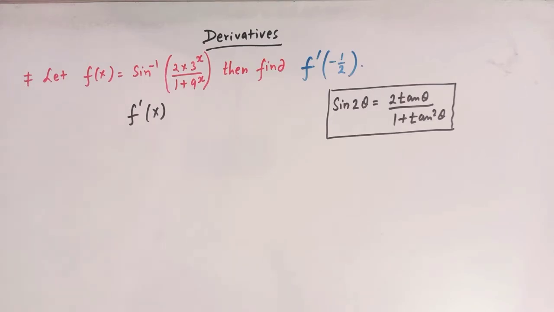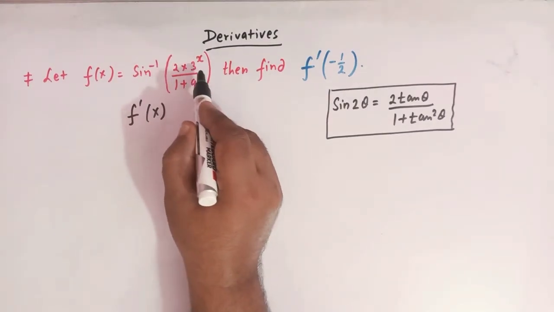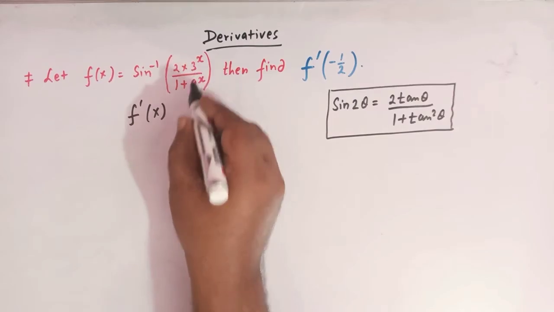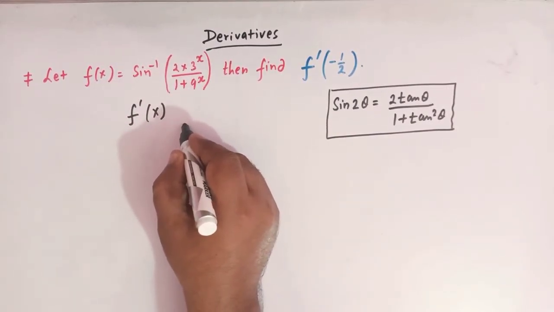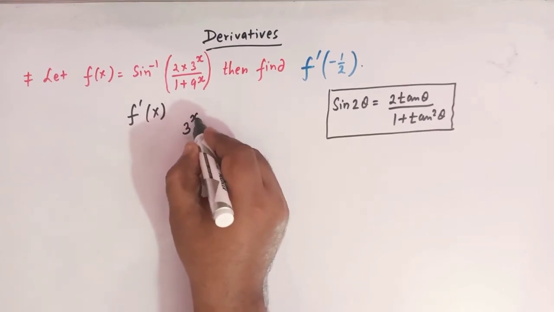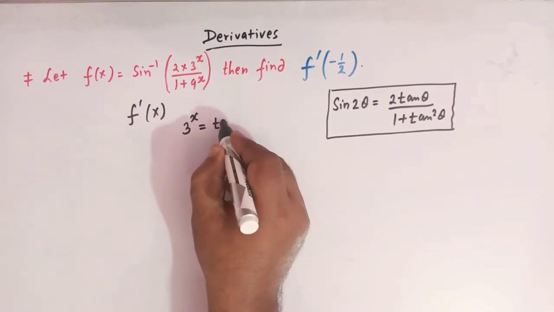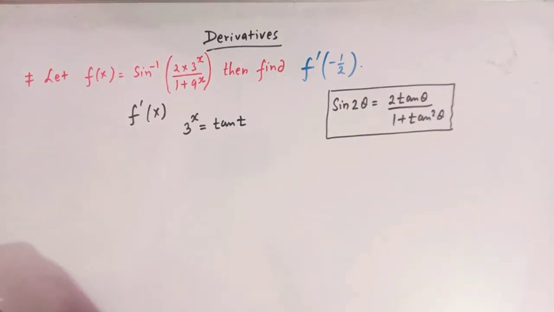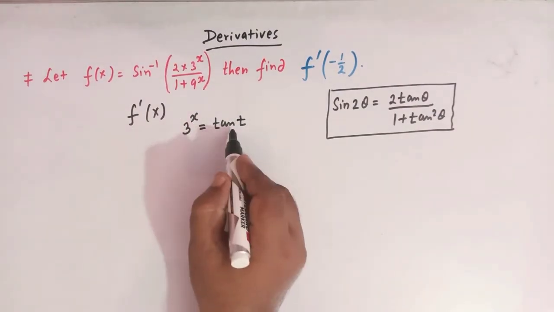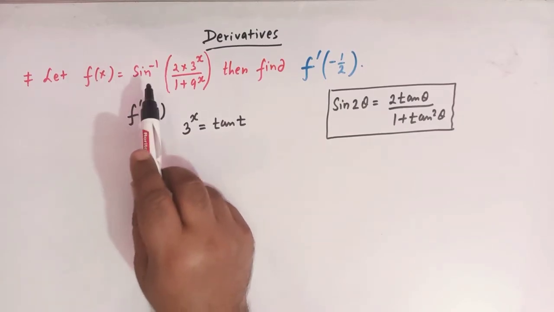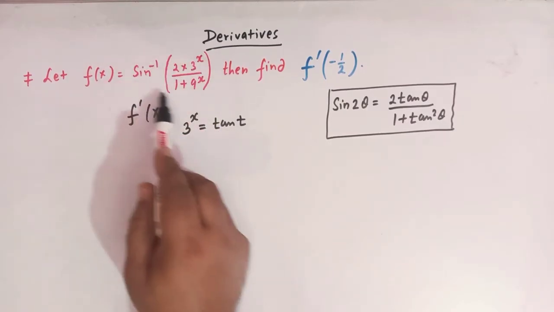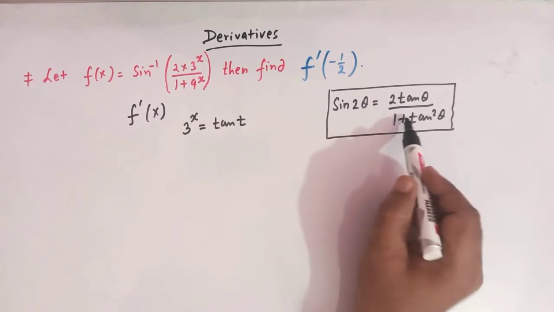So we'll put t equal to, or in other words we can substitute 3 raised to x equal to tan t. This is the proper substitution here in order to reduce this result to this form.